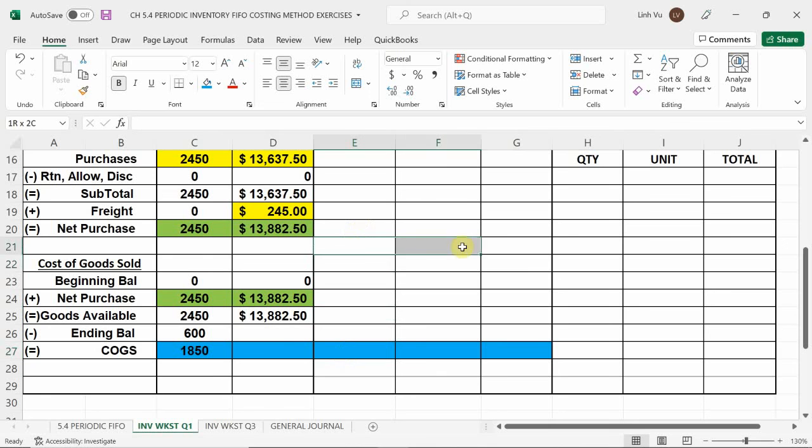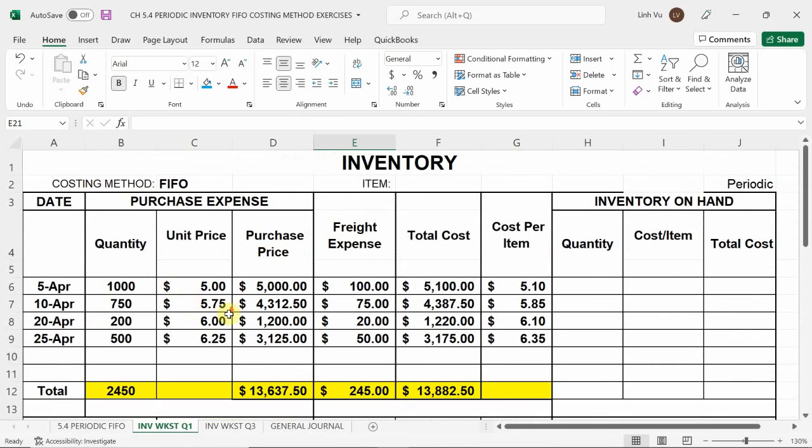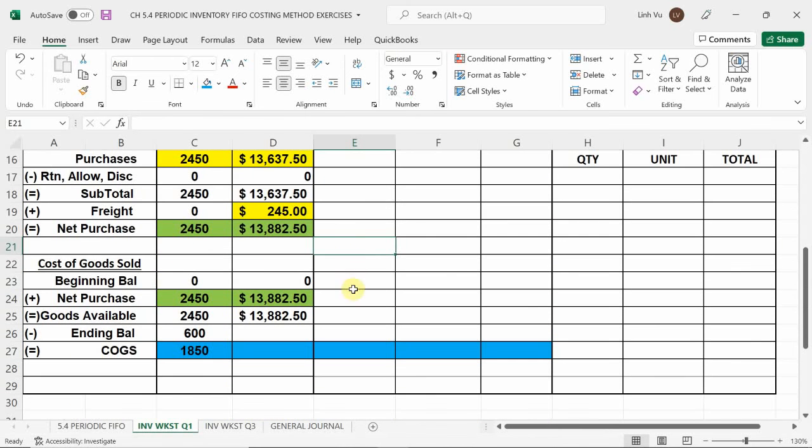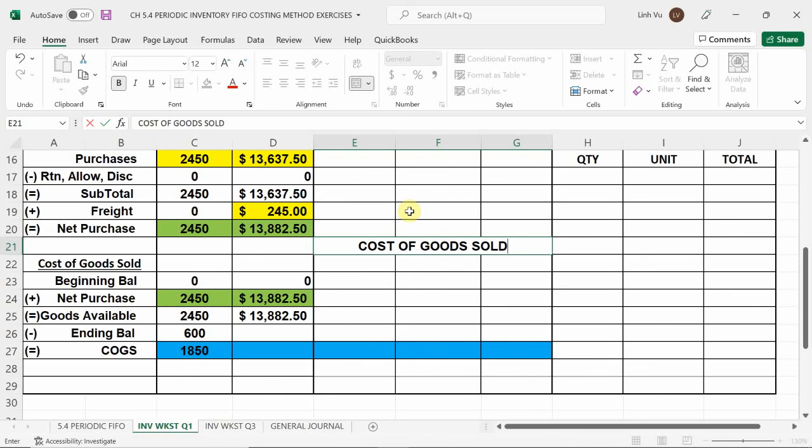Now, you can build your table if you'd like here. That's what I'm going to use this section for, is I'm going to go ahead and tally up what I have here. So in this case, I'm going to create my cost of goods sold table. So if you want to do that here, you can. This is cost of goods sold, right?